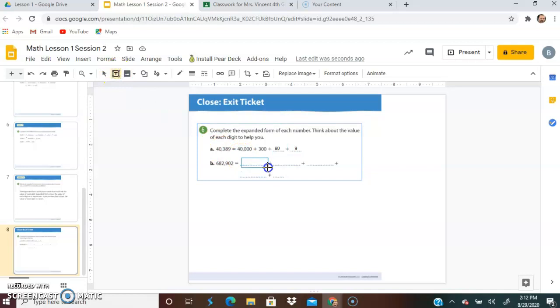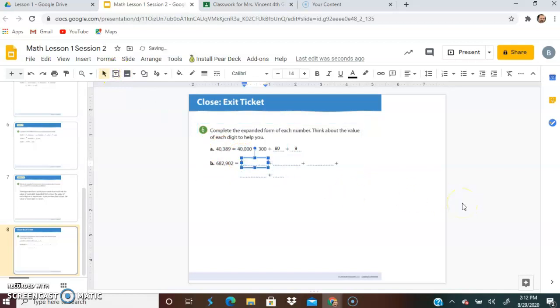I'm going to start with the biggest place value, which is 600,000. Next, you should have put 80,000. Then 2,000. 900. And finally 2.